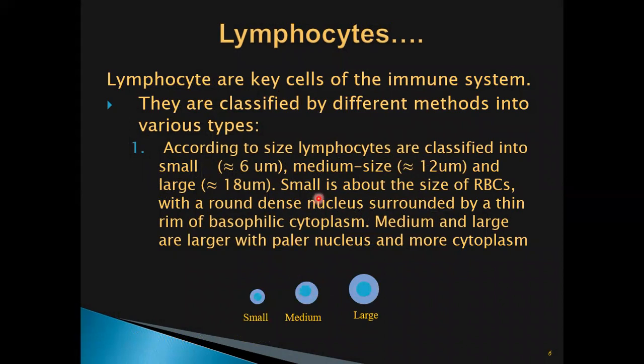The small are 6 micrometers, medium are 12 micrometers, and large are 18 micrometers in size. The small ones, I told you yesterday in my presentation, are close to the size of red blood cells. They have a very thin rim of cytoplasm and a paler nucleus. So a big nucleus and small cytoplasm is typically characteristic of the small lymphocytes.